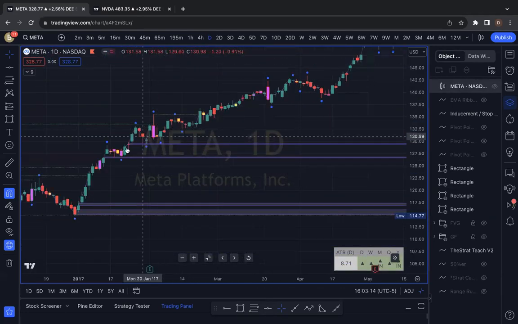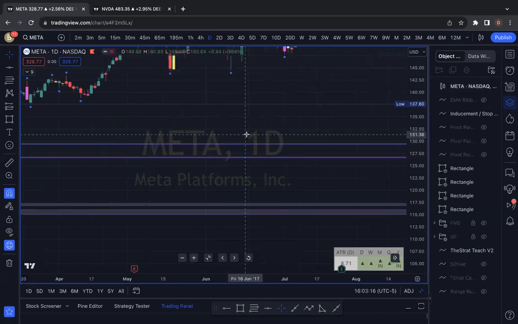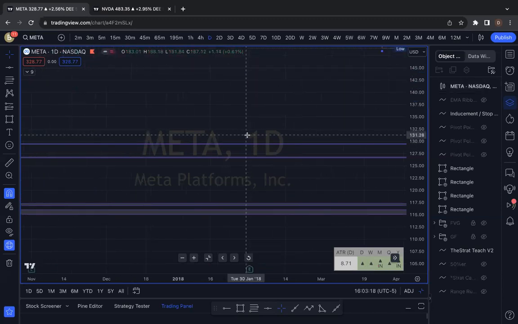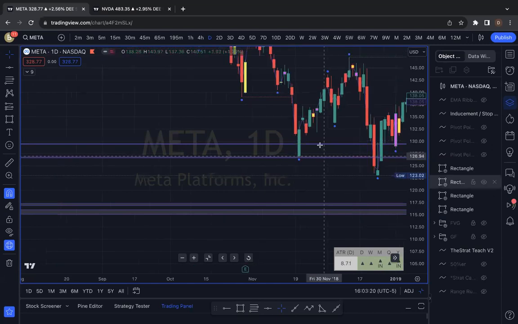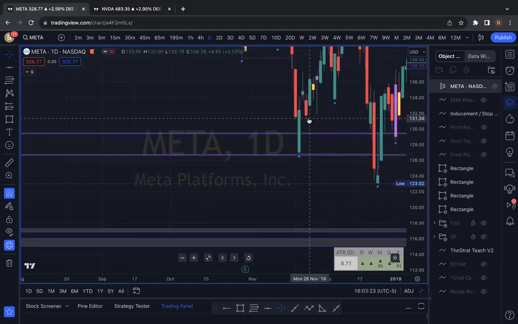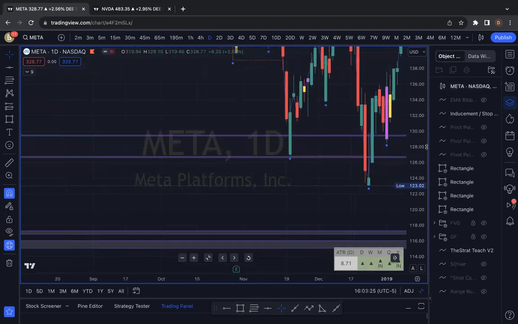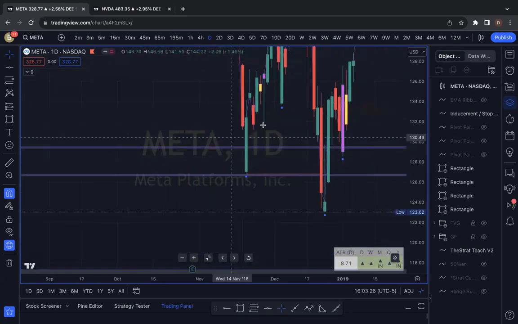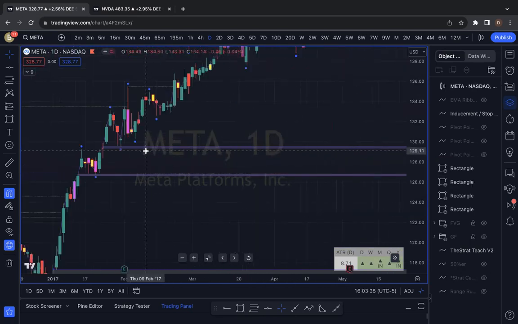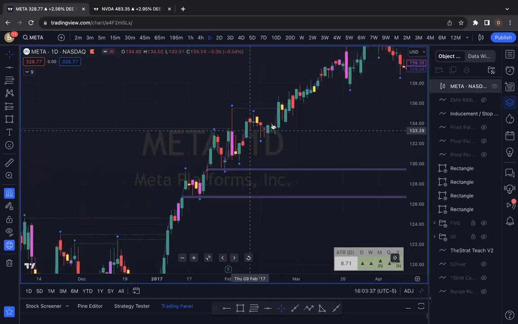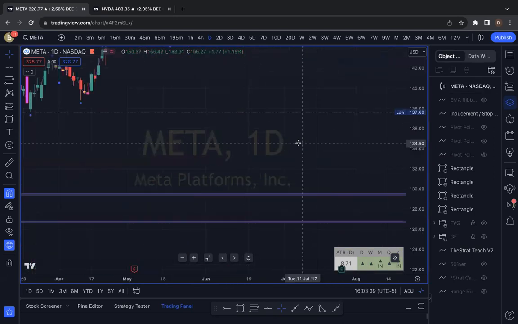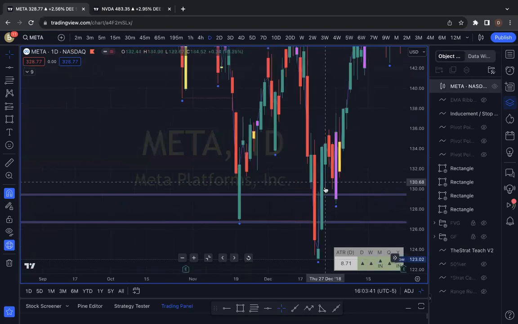This is January 2017. Only to find out, oh, look at that, two years later, in November 2018, price filled that gap. And that trend would continue. I would literally just keep going up doing that, only to find out that it got filled at some point.